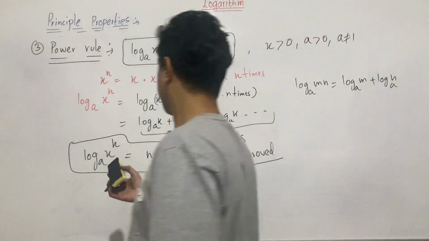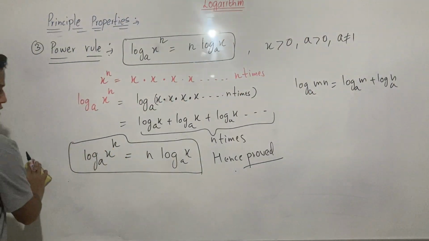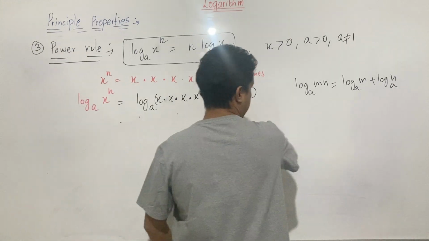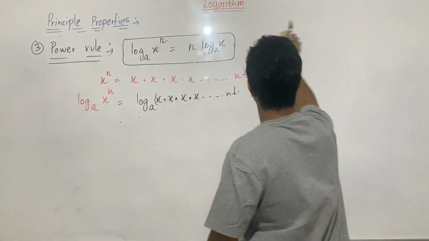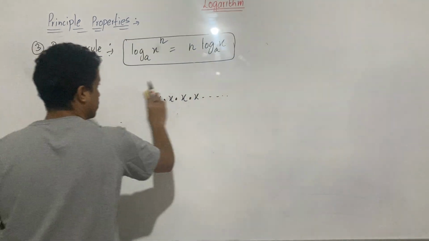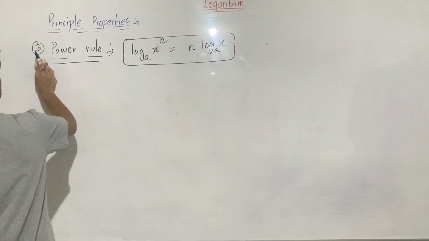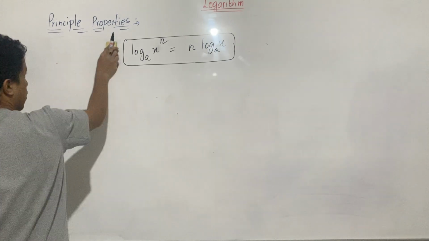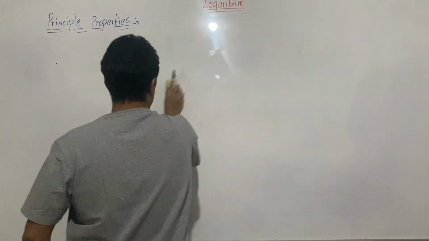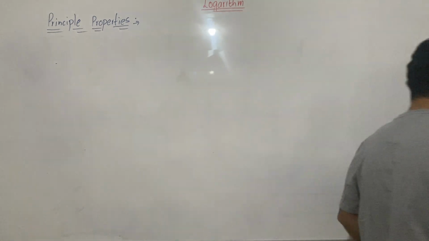And then we have the fourth property. The fourth property is also important. Property number 4, what does it say?